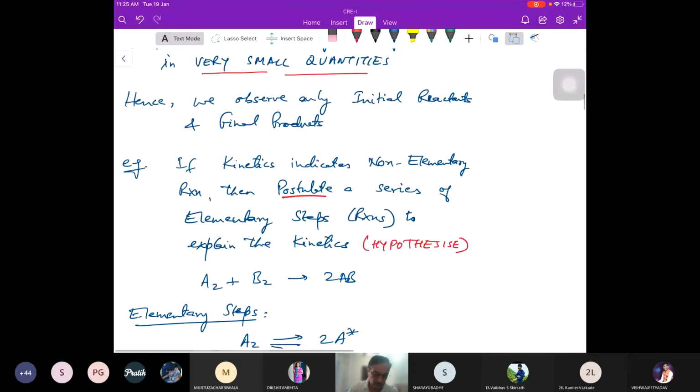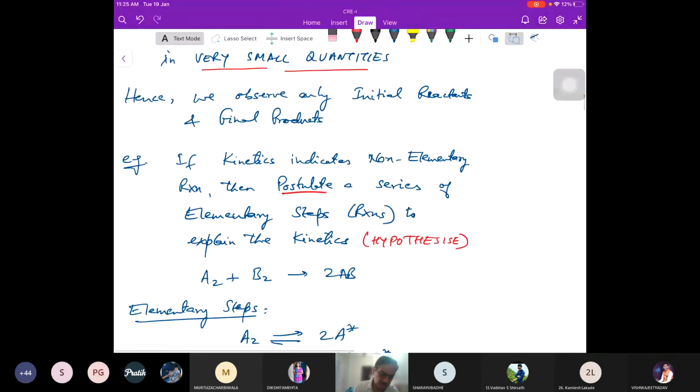For example, if you look at kinetics, just like we have seen for hydrogen and bromine reacting to HBr, it indicates non-elementary reaction. Right? So we postulate or hypothesize a series of elementary steps or reactions to explain the kinetics.